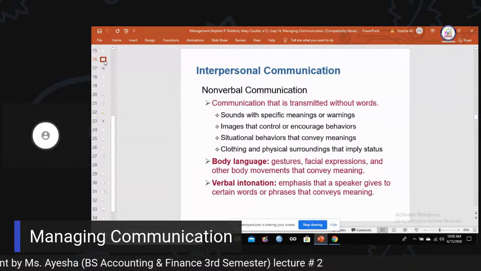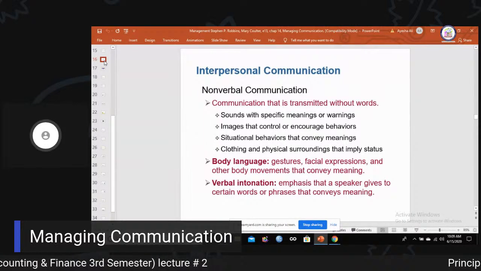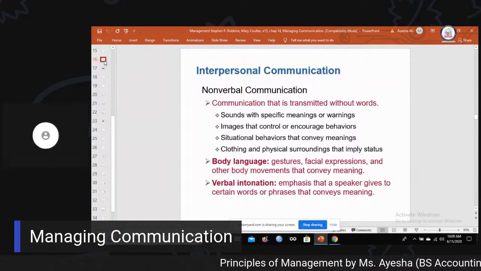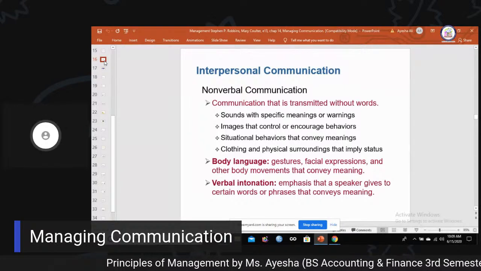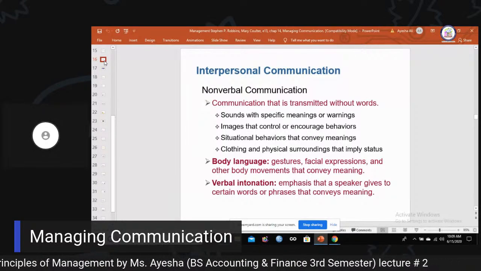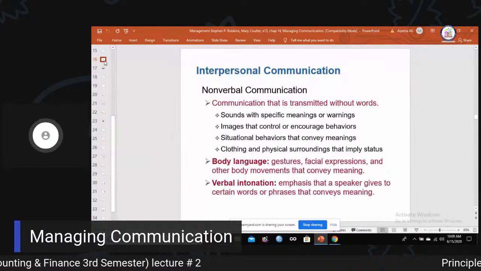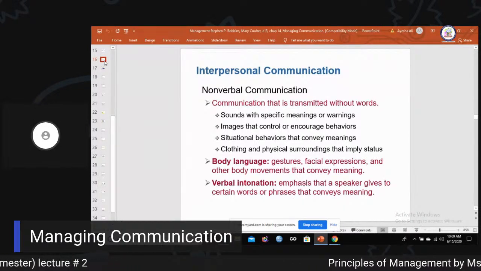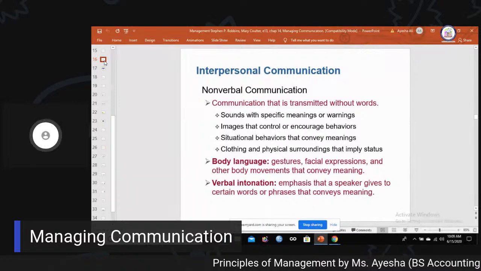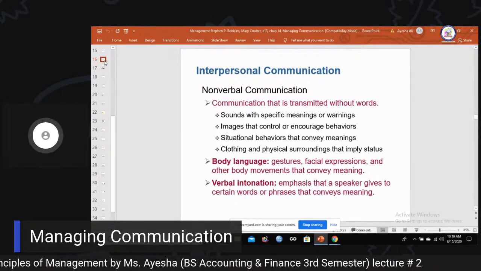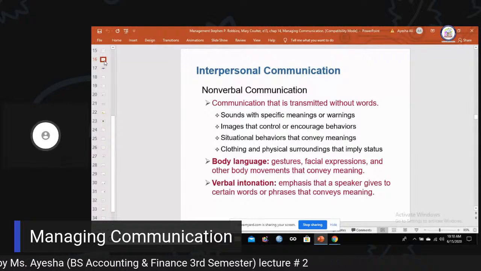We get the message by sounds, and then images also convey the message. For example, if we see the image of a baby or some scenery, we get a different message. We get some positive and good feelings. But if we see the picture of some disaster, an earthquake, we get a different message. We have some negative, loss, disaster type of message.